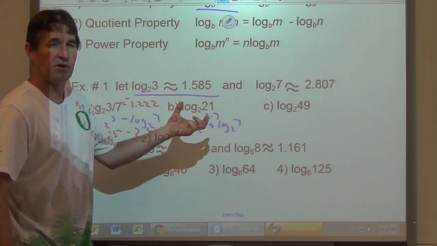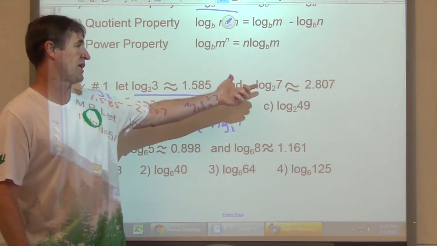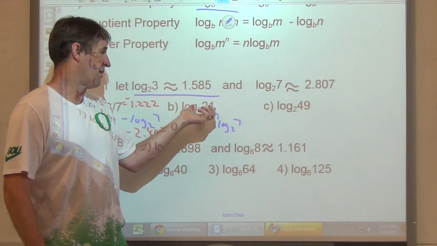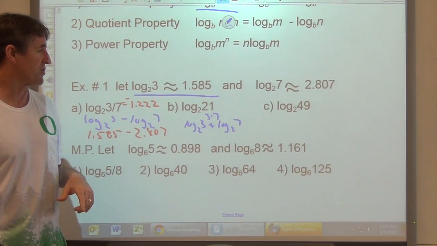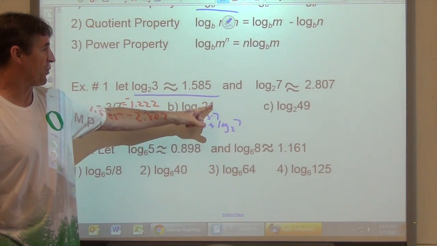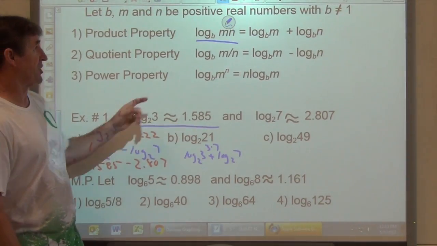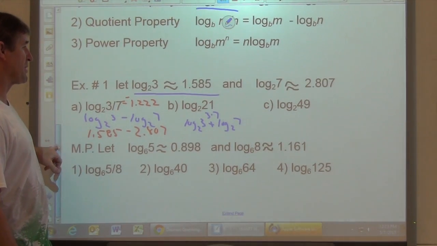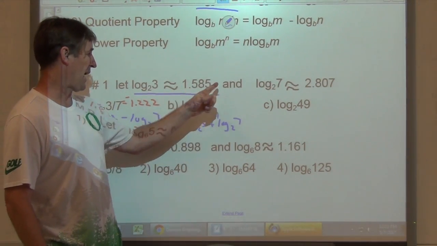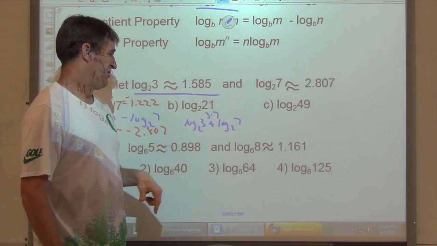So the whole idea when you're doing these is whatever values they give you up here, you have to somehow convert this into these formats so you can use those values to solve it. So again, we're breaking the 21 into 3 times 7, then using the rule for multiplication to change it to an addition. The reason we did that was we know the values for log base 2 of 3 and log base 2 of 7.